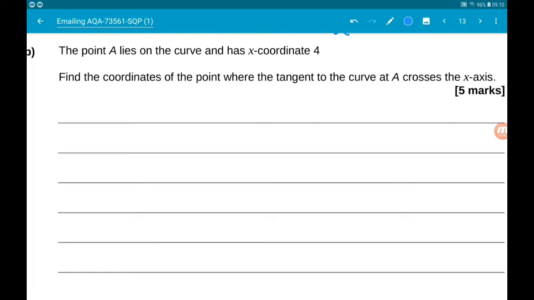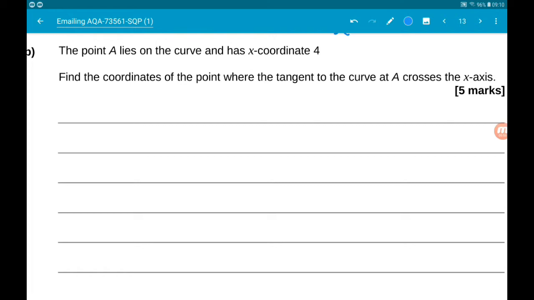Let's think about this. What we are going to need to do is work out the equation of the tangent. When we have the equation of the tangent, we know on the x-axis y is equal to 0, so we can set the equation of our tangent equal to 0 and solve for x.